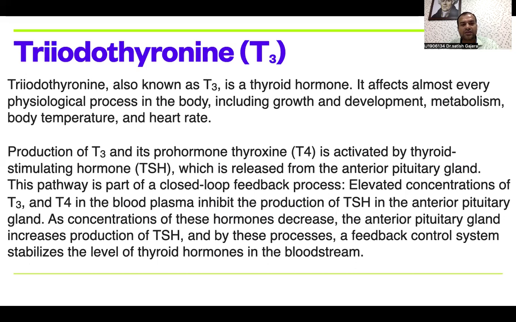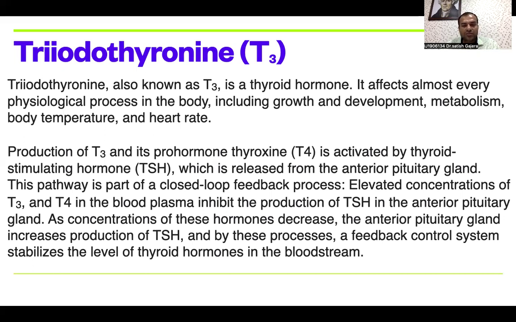So whenever there is elevated T3 and T4 in the blood, TSH is suppressed or inhibited from the anterior pituitary gland. And whenever T3 and T4 are in low concentration in the serum blood level, TSH production is increased from the anterior pituitary gland.